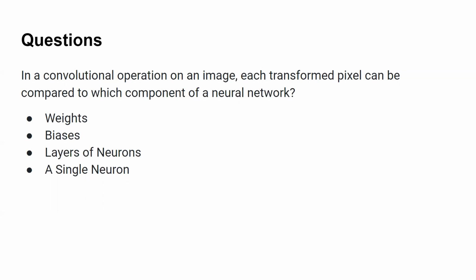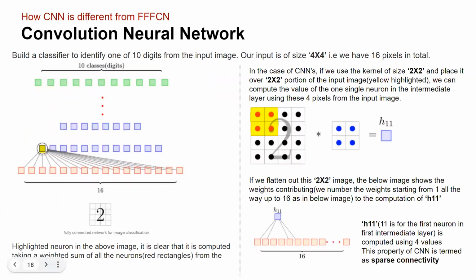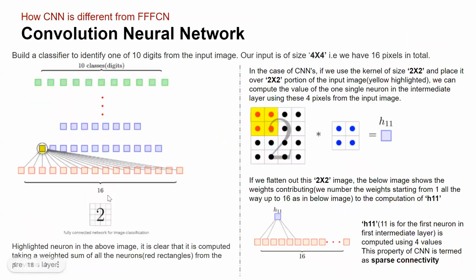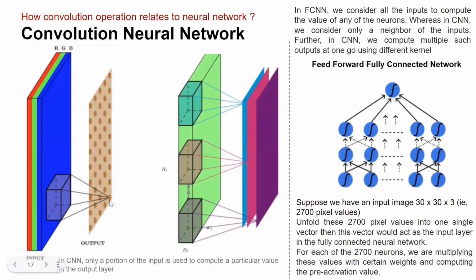Weights? No, weights is also not correct. The answer is a single neuron. This is covered in the first slide. Each convolution operation is giving you one neuron value of the subsequent layer.